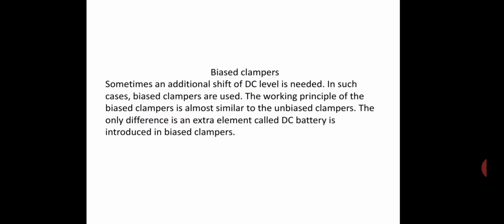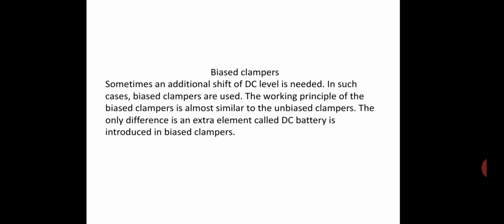Where do we use a biased clamper, and what is the need? Sometimes an additional shift of DC level is needed in the output. In such cases, biased clampers are used. The working principle of the biased clamper is almost similar to the unbiased clamper.